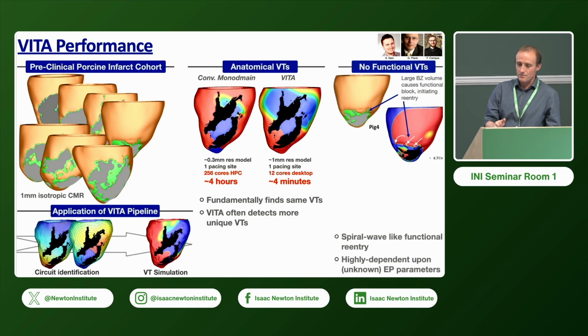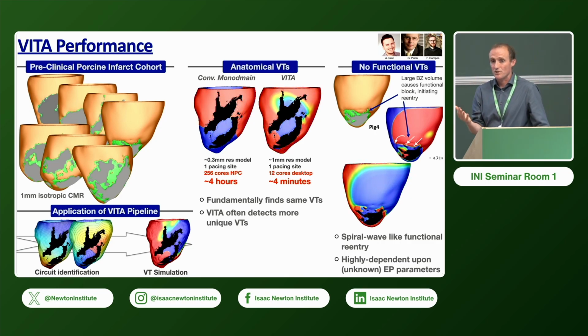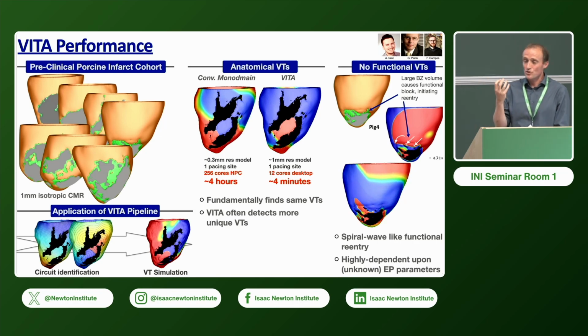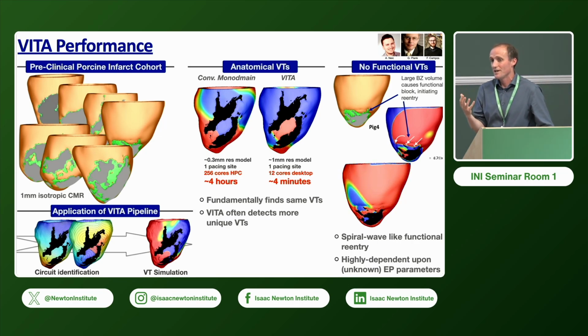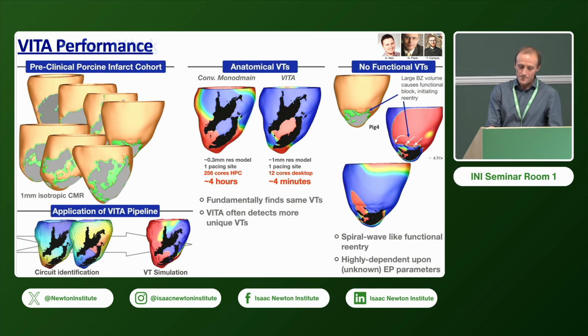We do hold our hands up though, and say that Vita does not identify the functional VTs, it only gets anatomical VTs. So for example, we would not have got this spiral wave-like functional VT that you'd get from the monodomain model. But again, I'd stress the huge, delicate dependence of the inducibility and the overall dynamics of functional VTs like this on the parameters that you put into the model, which on the whole are just based on the literature and are not patient-specific in any way.